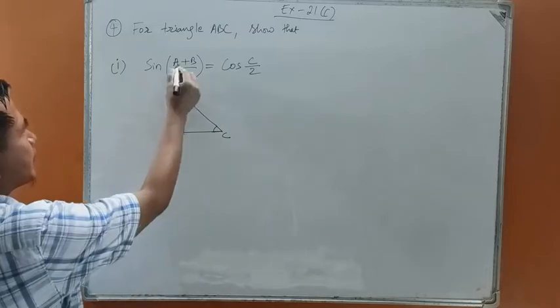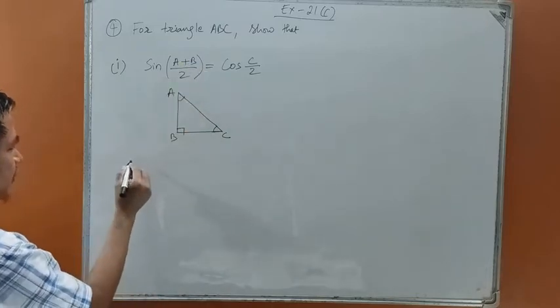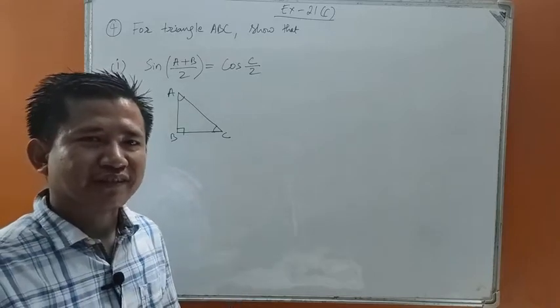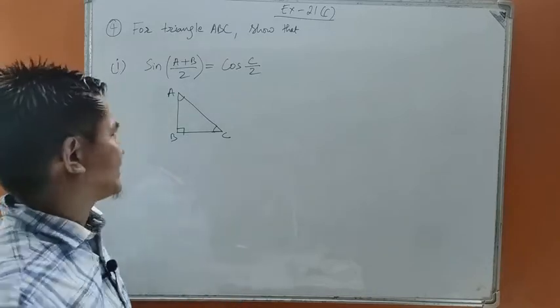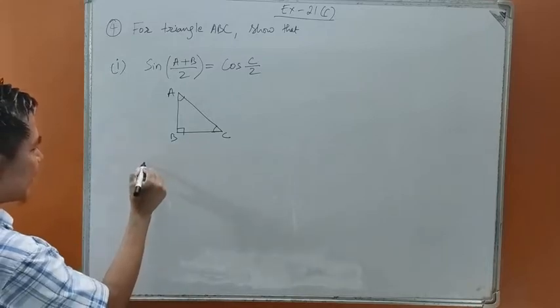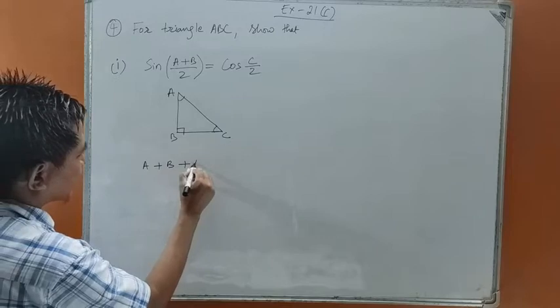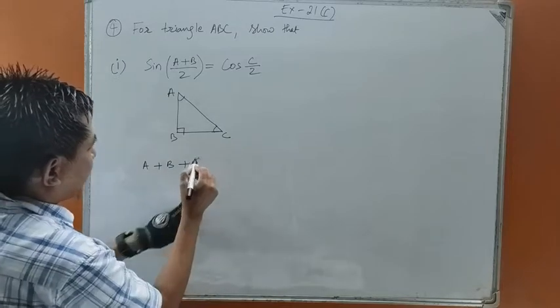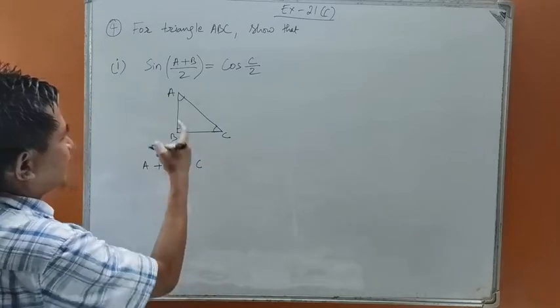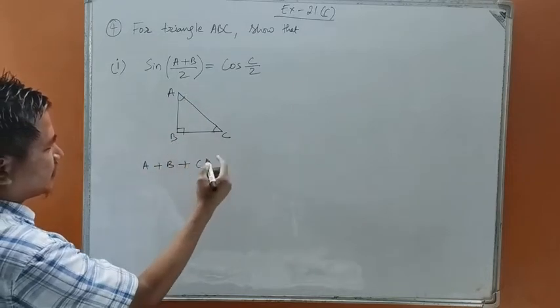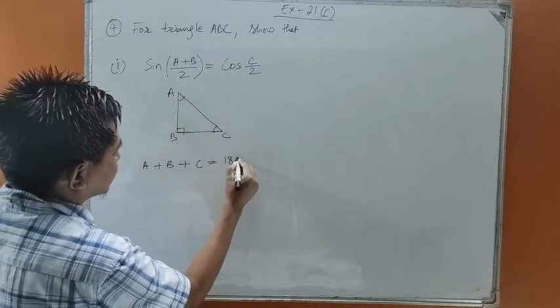So we need A plus B. You know that for any triangle, sum of all the angles of a triangle is equal to 180 degrees, isn't it? That means angle A plus angle B plus angle C equals 180 degrees.